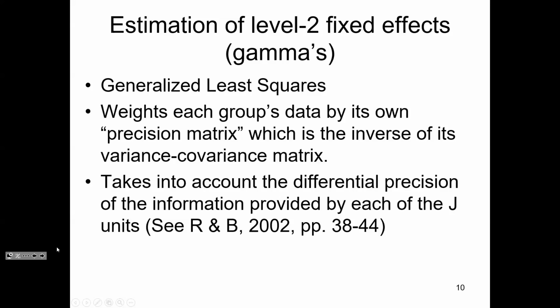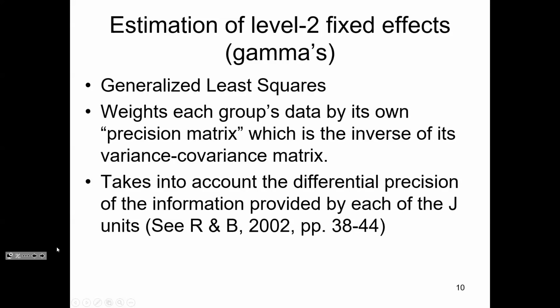If you think about what would happen if I had a whole bunch of schools and I just took the school averages, I wouldn't be taking into account that there are different sample sizes at each of the different schools, right? So that would be problematic. If I just took the mean of school means, I'm not taking into account that, A, they're based on different numbers of people, and B, they're estimated with different precision, right?